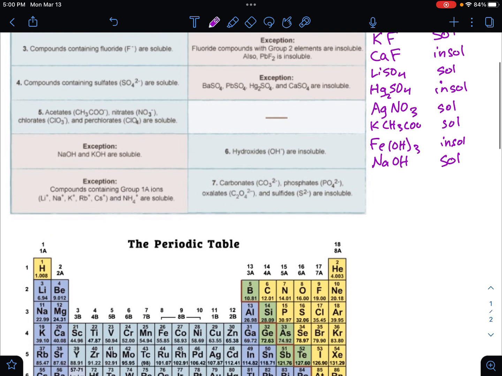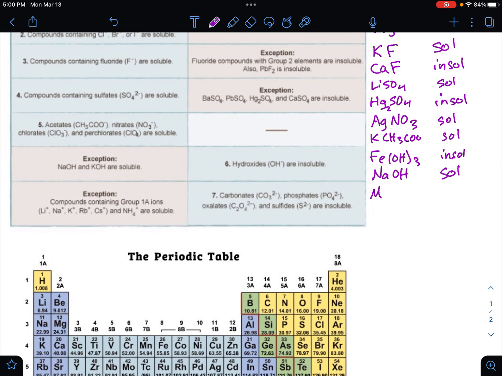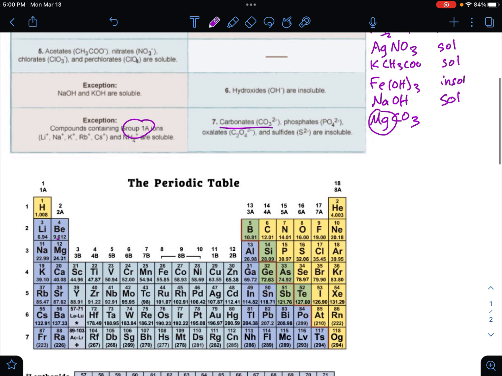So if I give you magnesium carbonate, well, a carbonate is insoluble. Is magnesium group 1A? No, it's not. It's group 2. Therefore, it's insoluble.